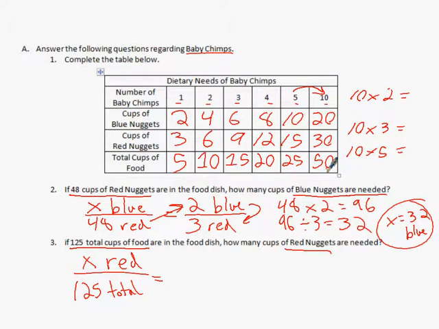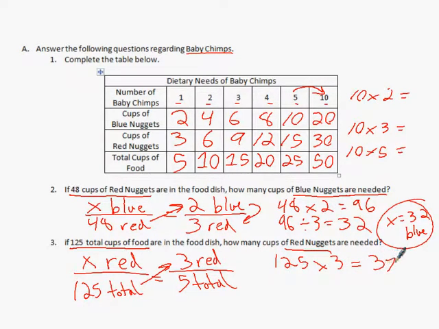However, smaller is better at this point. So 3 red over 5 total. Just a quick reminder, if we look at problem number 4, blue and red, those are different. That is part to part. Red and total, that is part to whole. So we need a part to whole, red and total. Now that we have this, we go ahead and cross multiply. 125 times 3 equals 375.